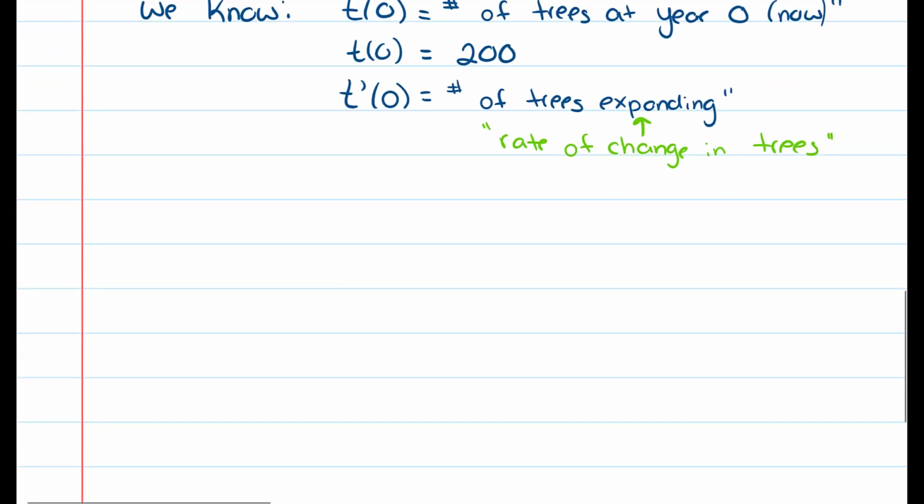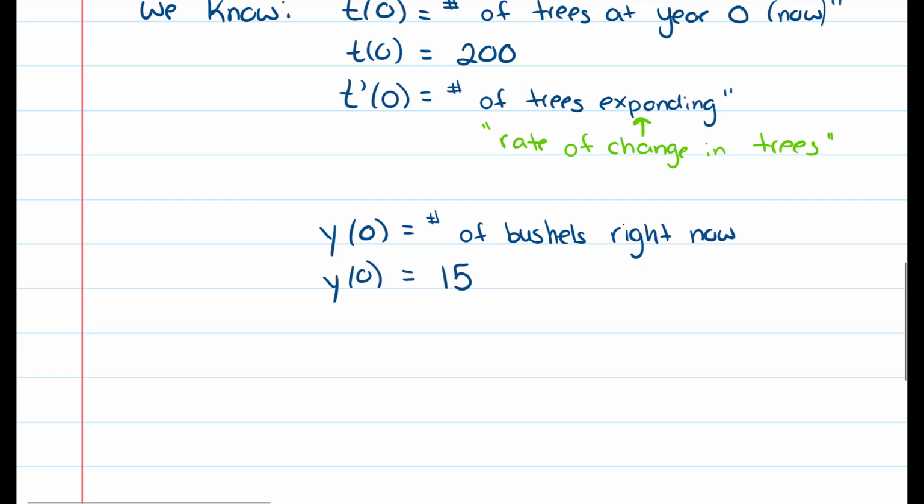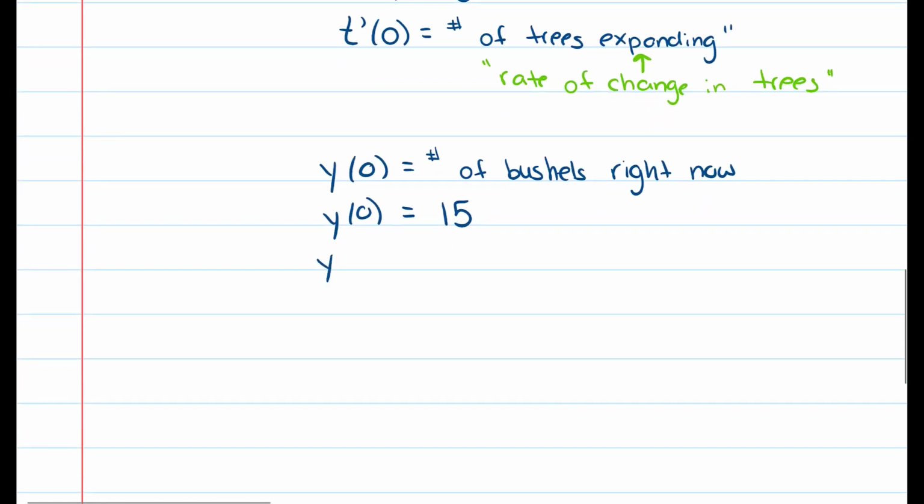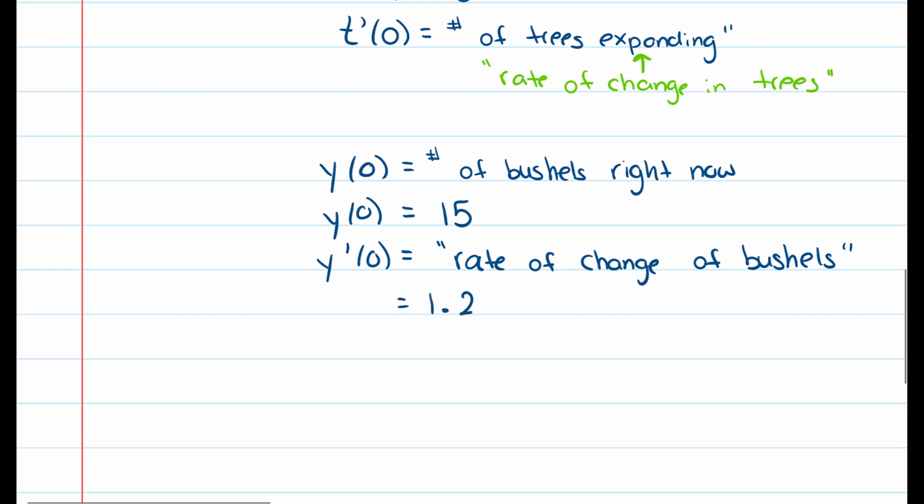We also know that y of 0, which represents the number of bushels in each tree right now, is 15. And we know that y prime of 0 is equal to the rate of change of bushels, which is 1.2, because they're increasing by 1.2 bushels per year. So this is all the information that the problem has given us.